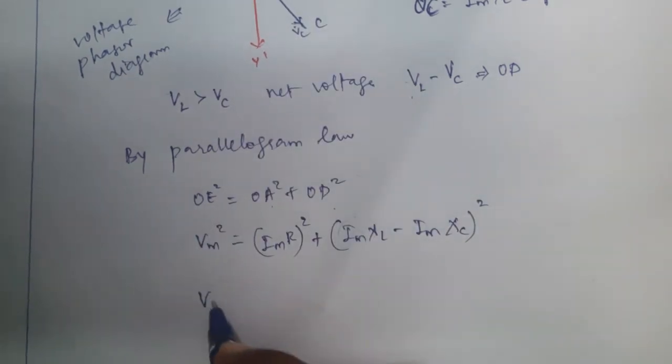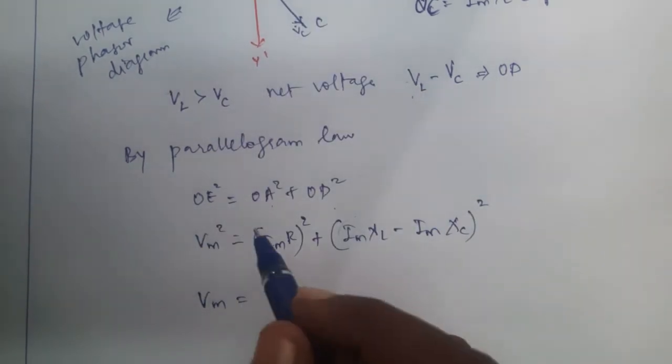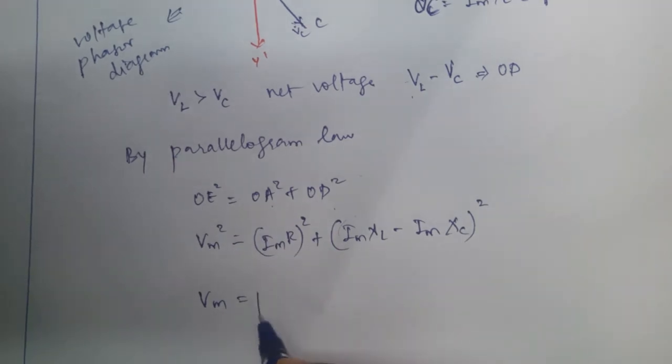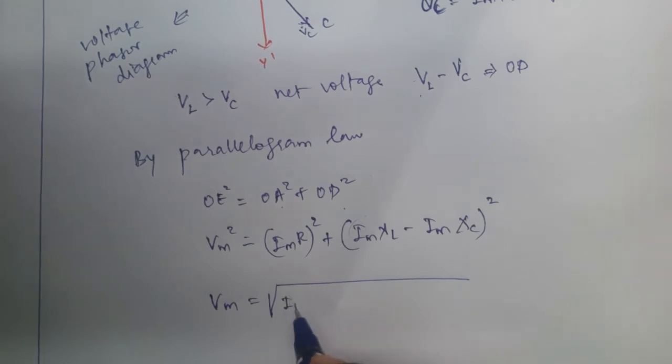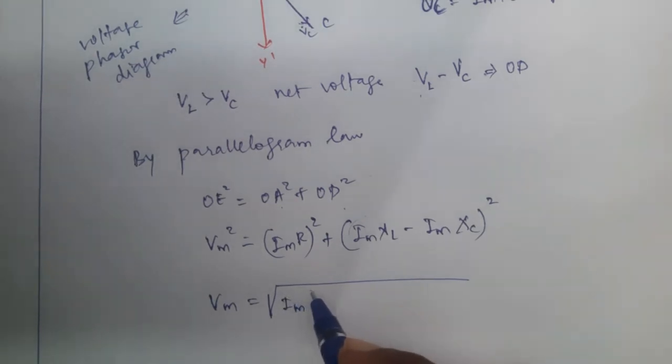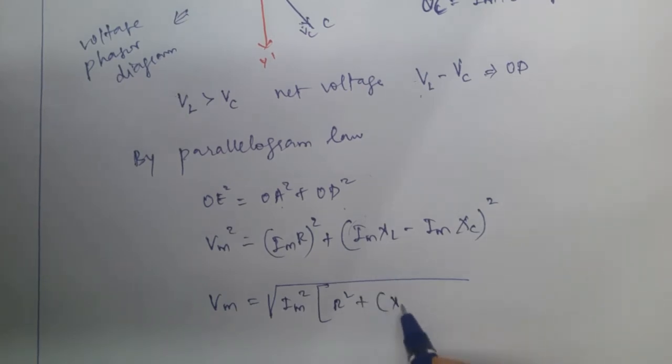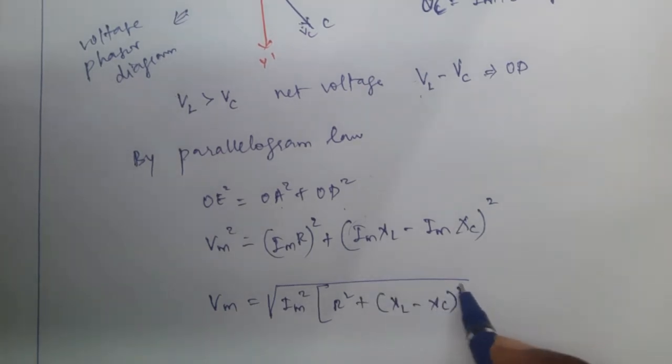So that VM square, if we take square root, here we can take Im square R square plus XL minus XC whole square.